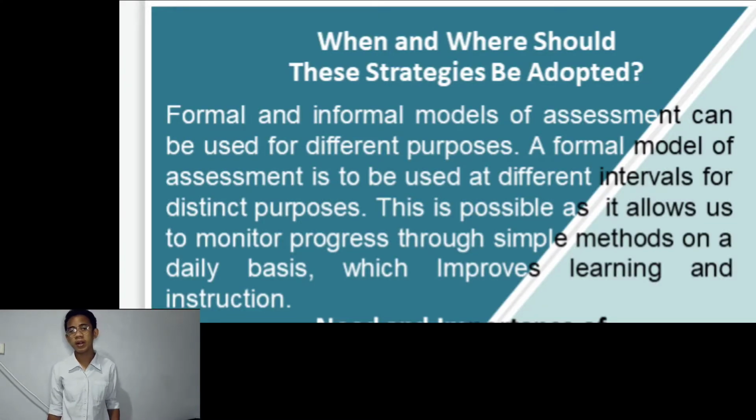When and where should these strategies be adapted? Formal assessment strategies can be used to track the overall progress of the students. The statistics also allow a comparison of an individual learner with others of his age and grade. It facilitates recognizing the strengths and weaknesses of one student against their peers.